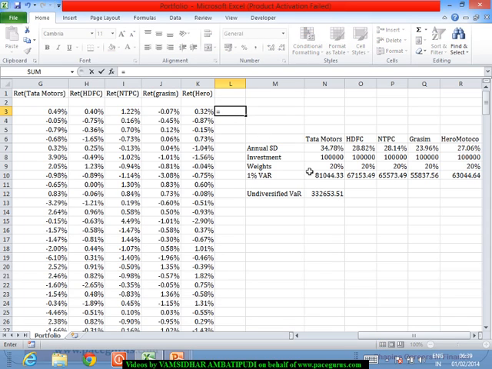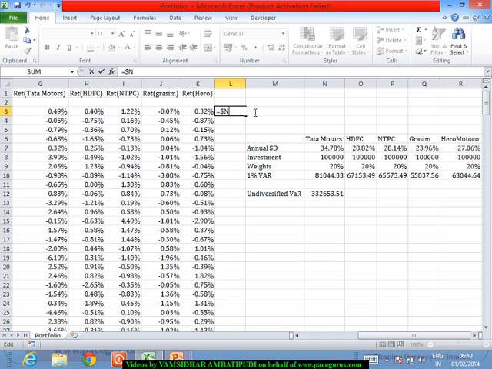which is nothing but the weightage multiplied by the particular return.